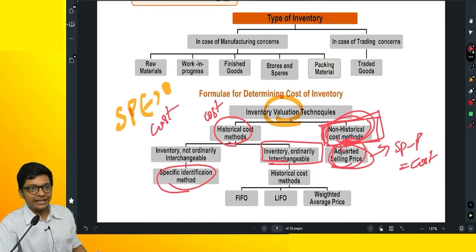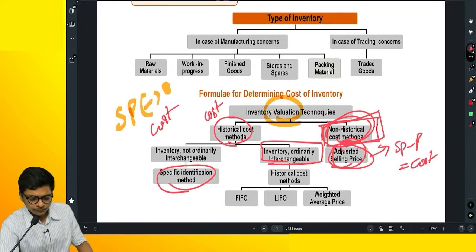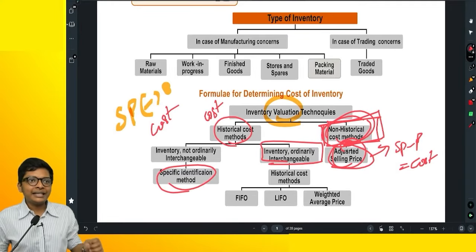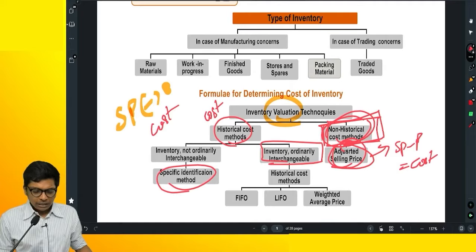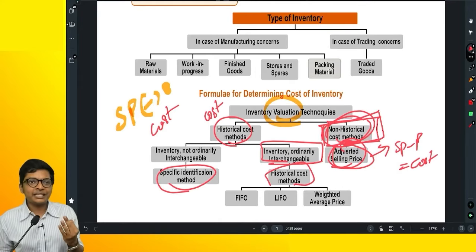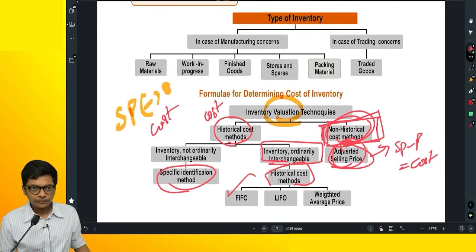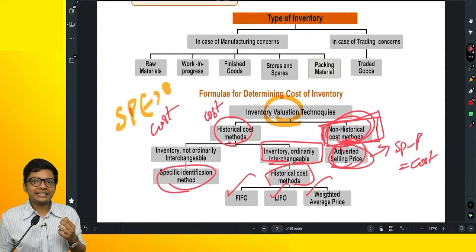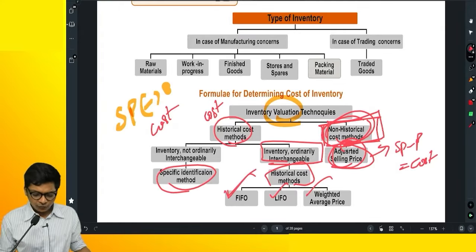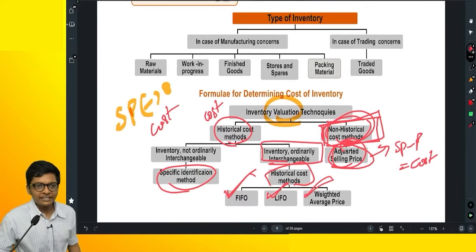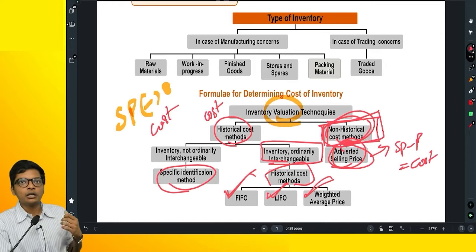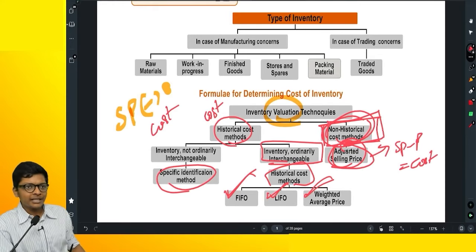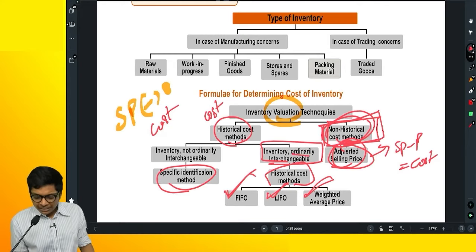Under historical cost, we saw these three methods yesterday at the end of the class: FIFO, LIFO, weighted average. Do you remember, guys? Any doubts in that? So now, what is this ordinarily interchangeable?